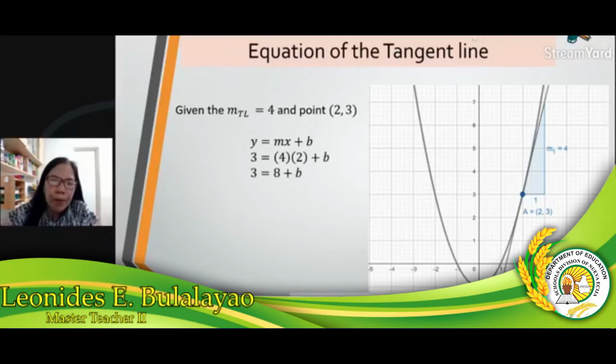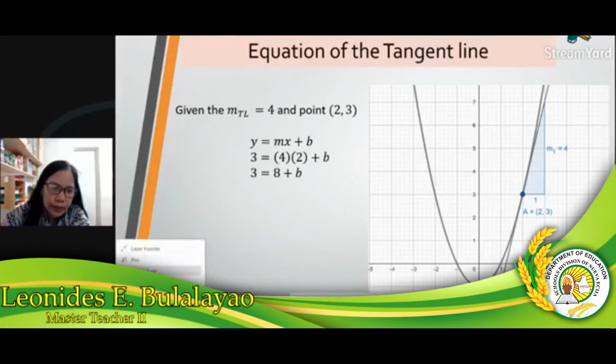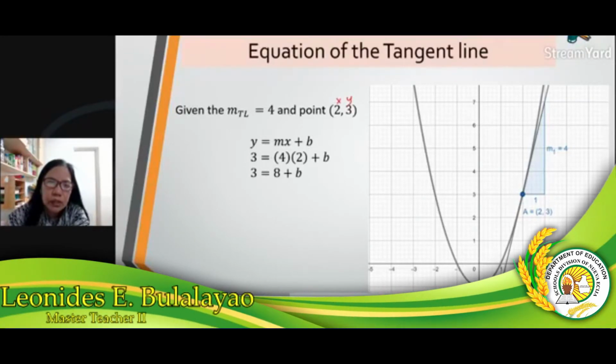We have point (2, 3), this is our y and this is our x. So we have 3, and our slope is 4, multiplied by 2, plus b. So 3 equals 8 plus b. Therefore, b is 3 minus 8. So b equals negative 5.